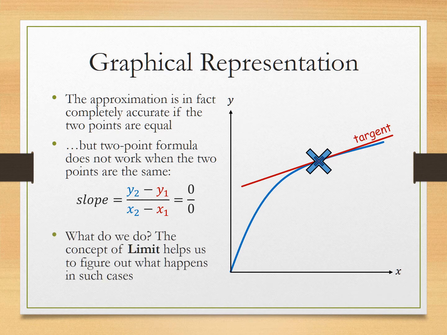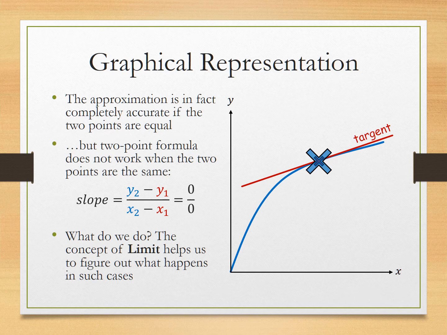Well, here is where the concept of limit comes to the rescue. Even though 0 divided by 0 is undefined, it turns out we can get a pretty good idea of what the slope is going to be based on very, very close approximations.